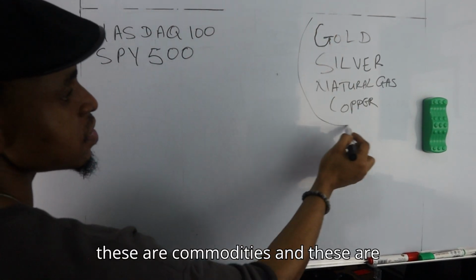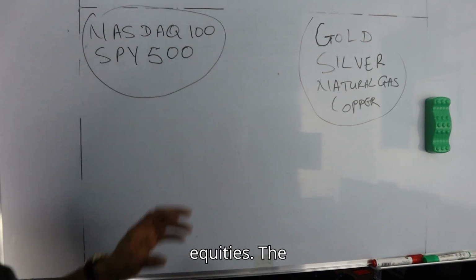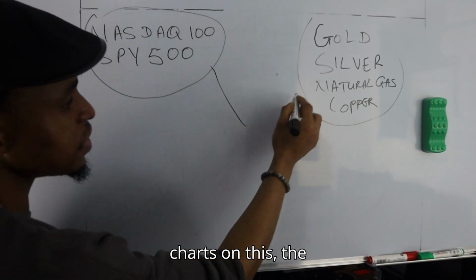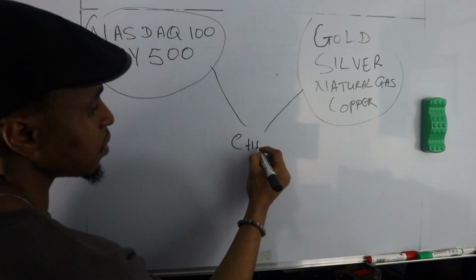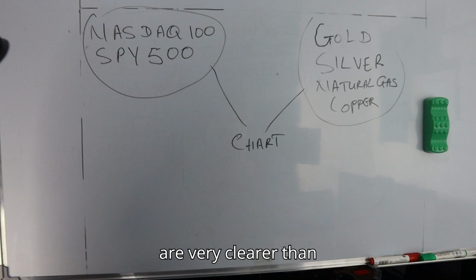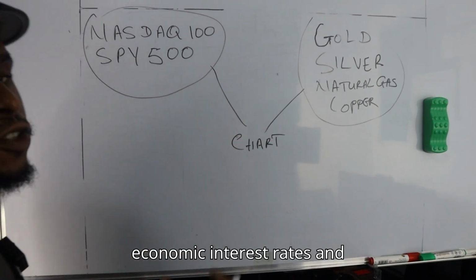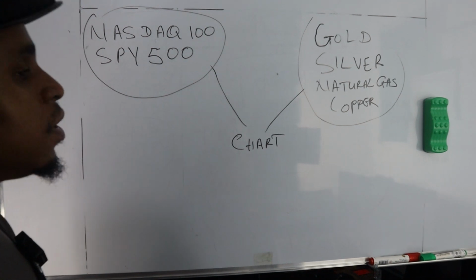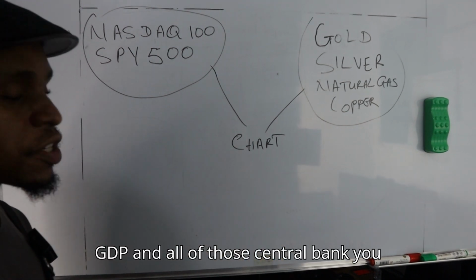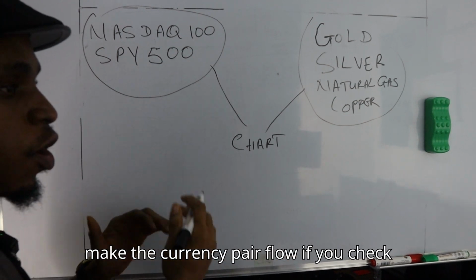These are commodities and these are equities. The charts on them are much cleaner than currency pairs, because of economic interest rates, GDP, central banks talking and all of that, which doesn't make the currency pair flow.